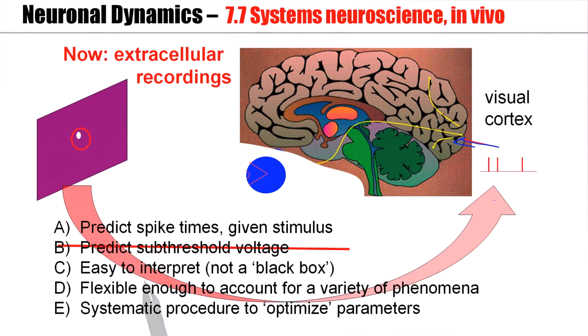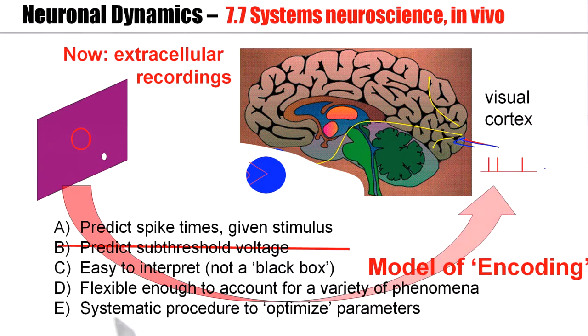Whenever it falls inside the sensitive zone, the receptive field of the neuron, the neuron is more likely to emit a spike. A model of encoding means that we want to understand the transform from the stimulus to the spikes that the experimenter observes with the electrode.